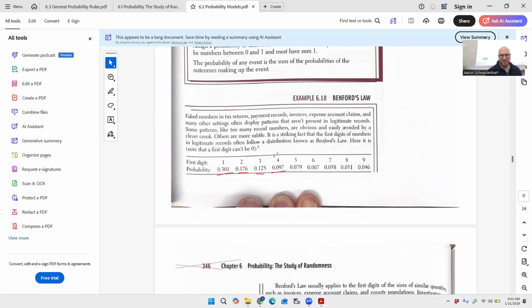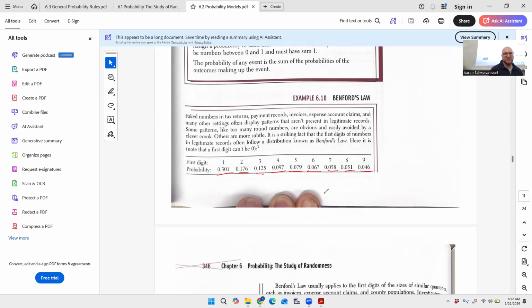So this is page 345. It'll usually be shown, but this is going to show up in several homework problems. You do not have to generate this. This is, I believe, an observational law. Okay, I do not believe this is proven, but this is just large collections of data.